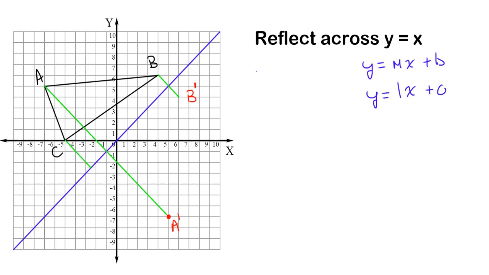So I'm going to go half, 1, 2, and that gives me my 2.5 in the other direction. And this is going to be the location of C prime. And all I've got to do is connect the dots. I had B prime marked, which is right here.